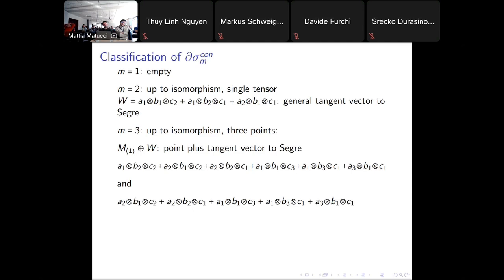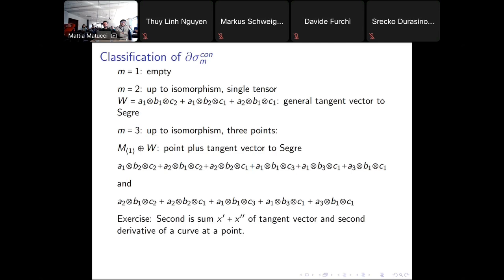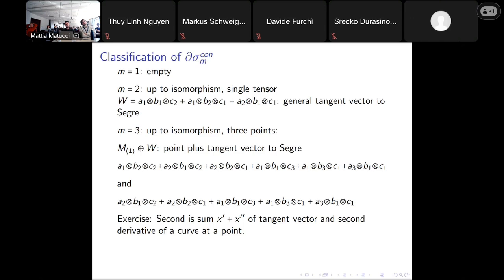So you just have to prove that the second is, so this W is like x prime. I take a curve x of t, and I take x prime at 0, that gives me W. This mysterious one, I take a general curve x of t, I take x prime at 0 plus x double prime at 0, I get a tensor that looks like this, if I haven't made a mistake. Is that clear?